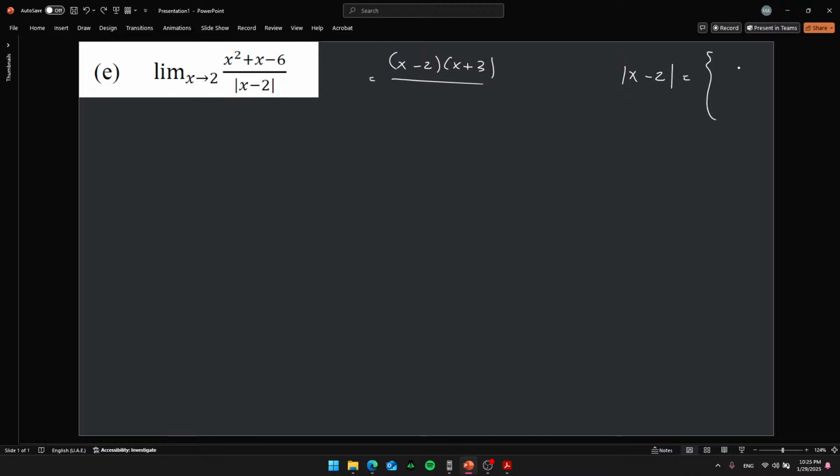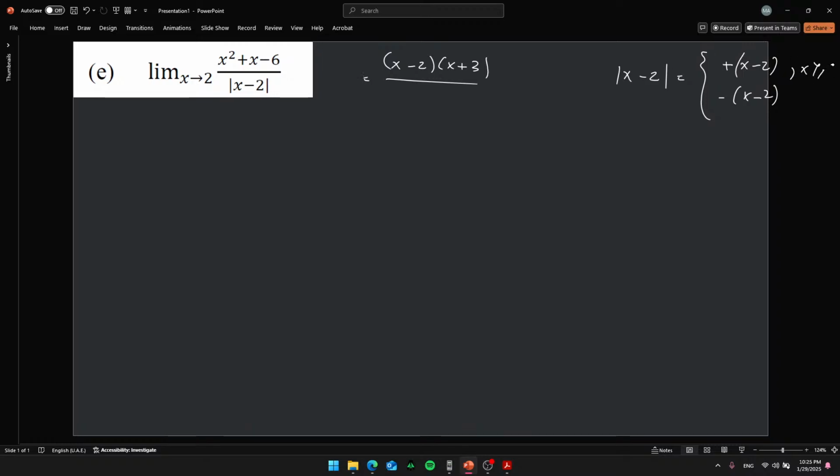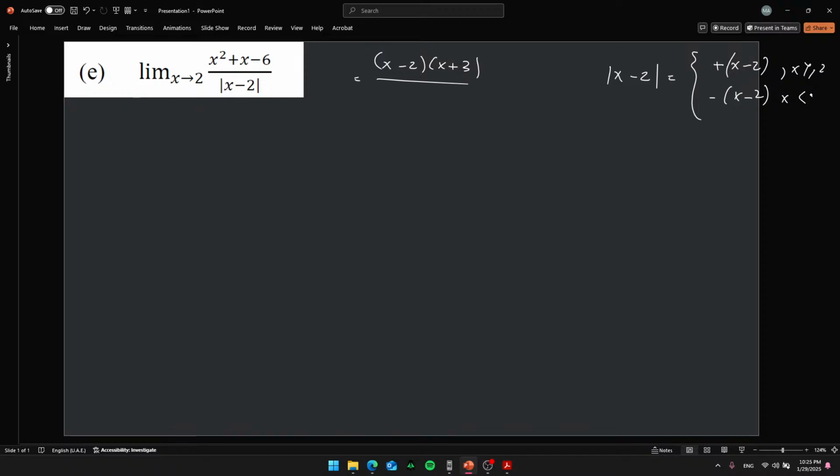The absolute value is positive x minus 2 when x is greater than or equal to 2, and negative x minus 2 when x is less than 2. As x goes to 2 from the right, we use x minus 2, and as x goes to 2 from the left, we use negative x minus 2.